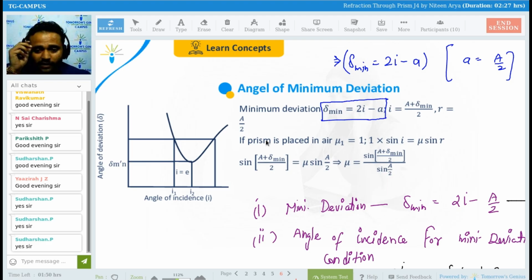Clear everyone? Now if the prism is placed in air, or in general it is going to be placed in air, isn't it?